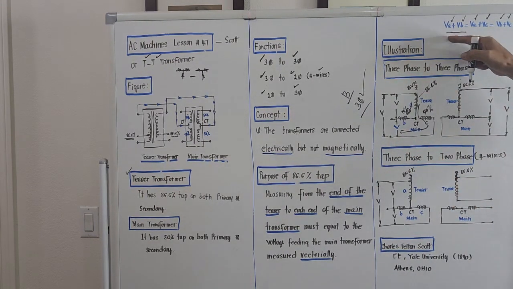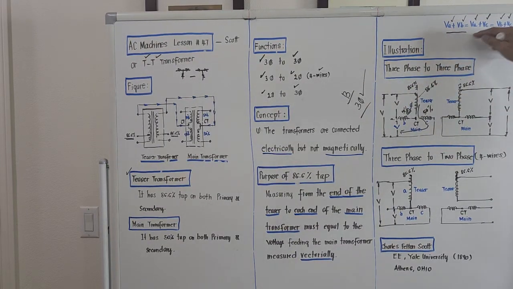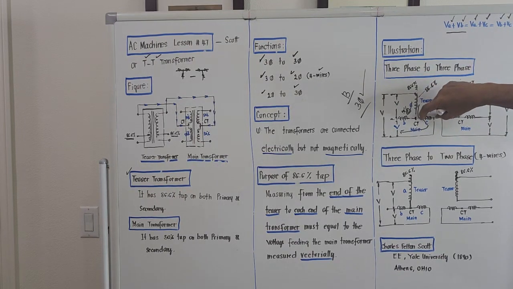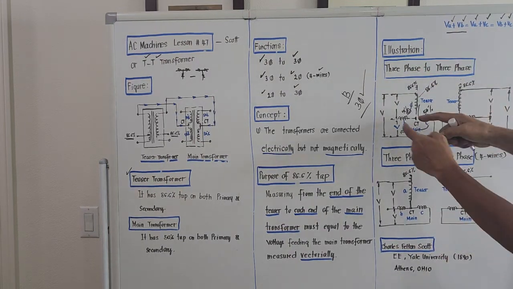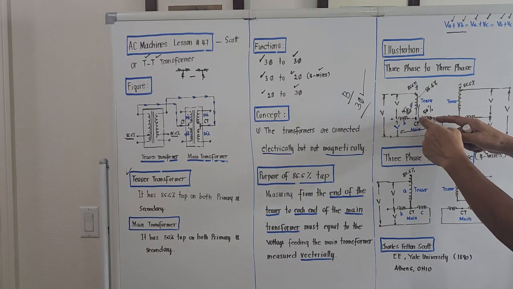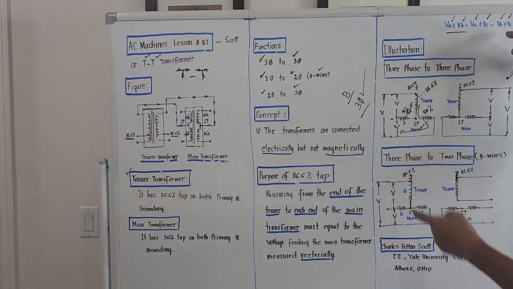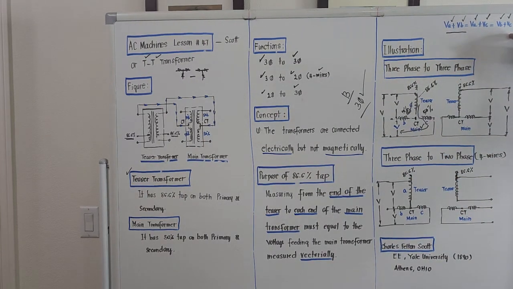That's why V_A plus V_B is equal to V_A plus V_C, and this should be equal to V_B plus V_C. The voltage V_B plus V_C is actually the total applied voltage to the main transformer, and this should be equal to simply capital V. It's balanced.